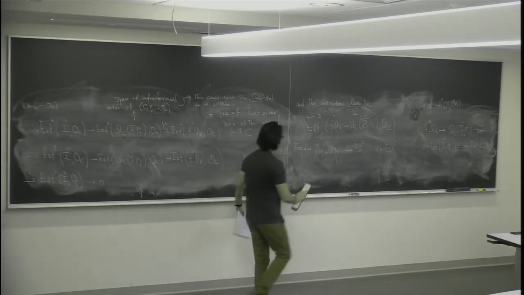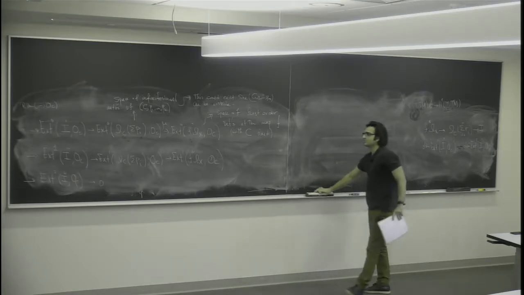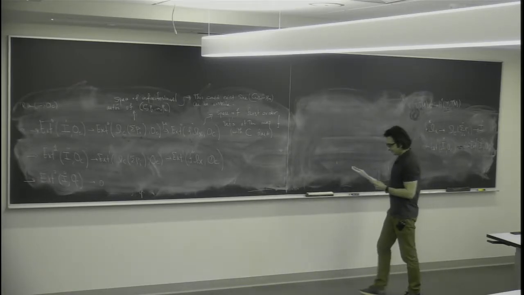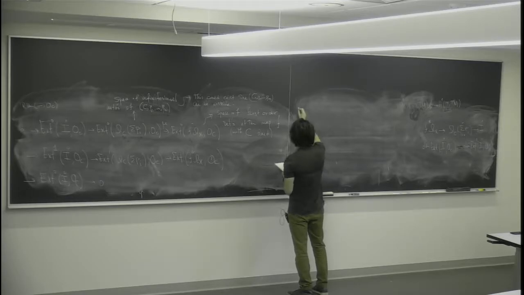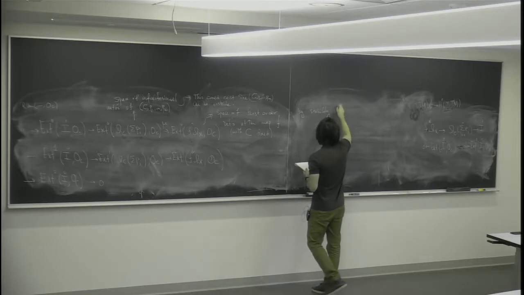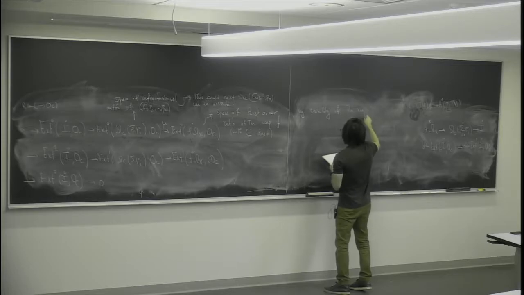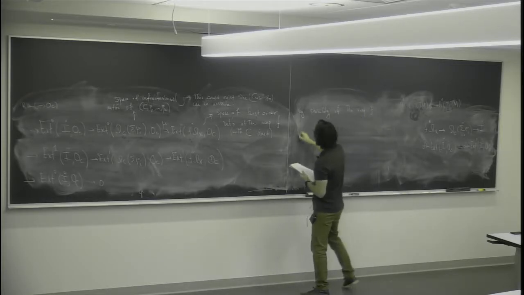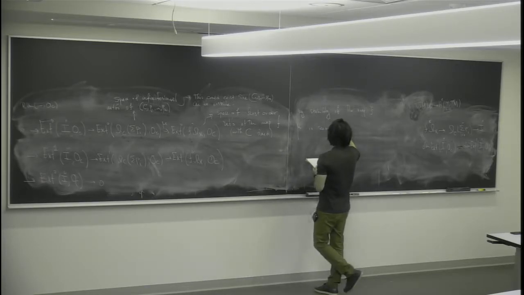Because the map F doesn't have infinitesimal automorphism, so by stability of the map F, mu is seen to be injective.